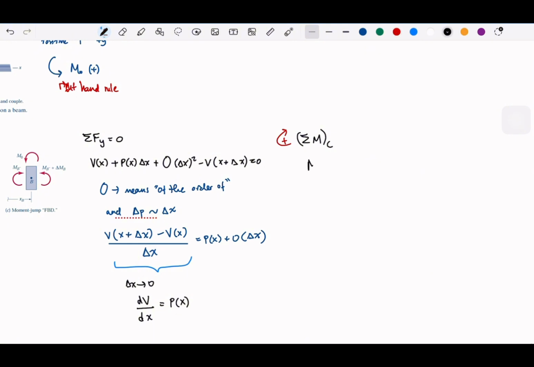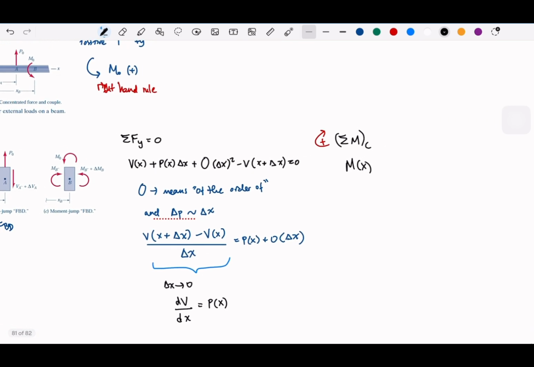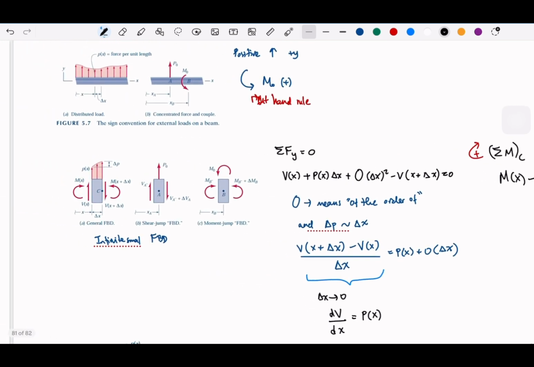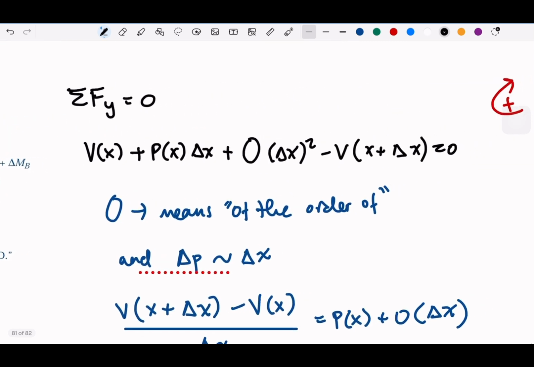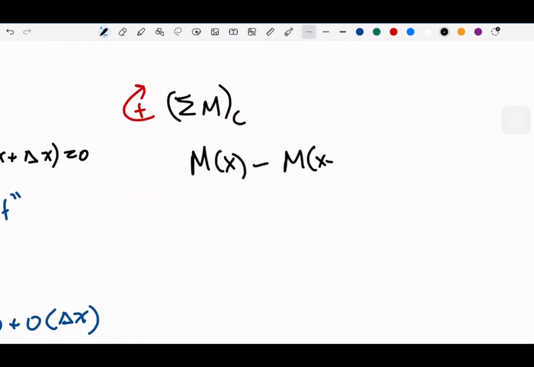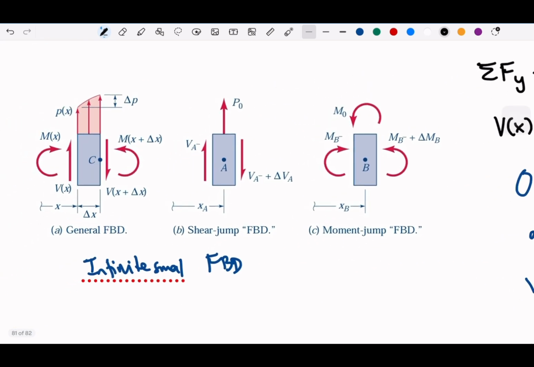So this will be M of x, and then minus, on the left part, we have minus M of x plus delta x, and then we have P of x multiplied by delta x, multiplied by delta x over 2.